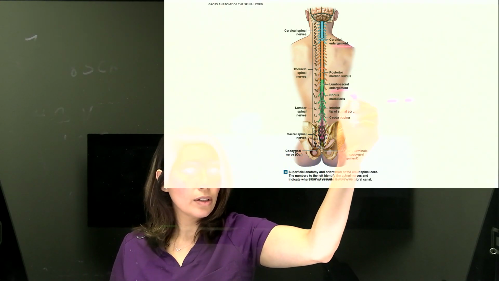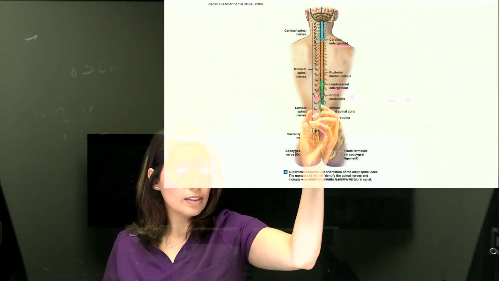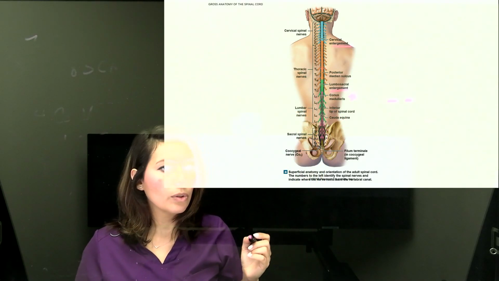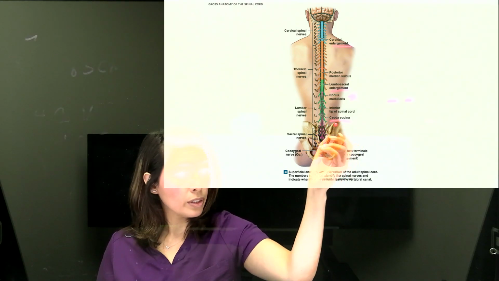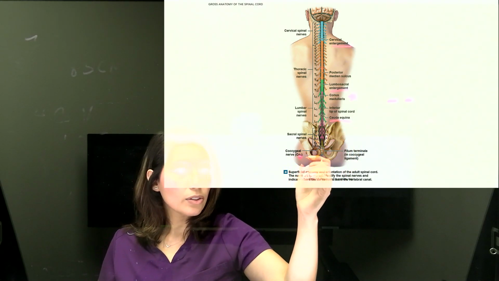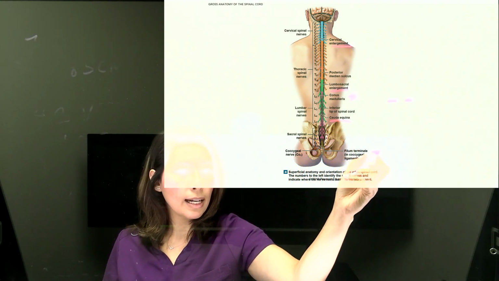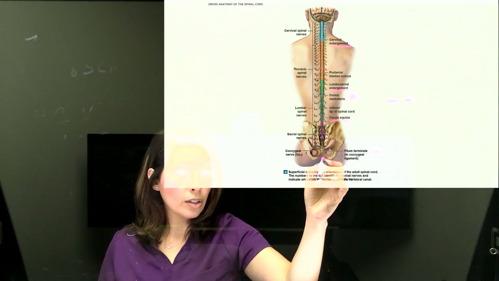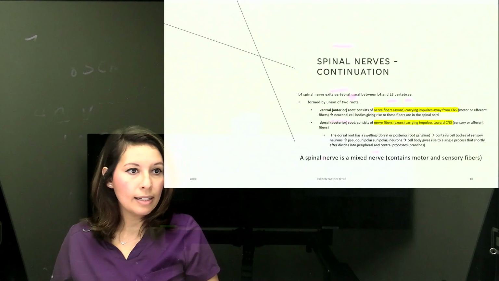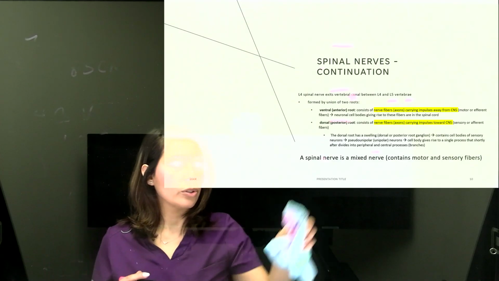For example, this conus medullaris, which is the end here of the spinal cord. There's going to be a cauda equina, which we're going to talk about. And then there's going to be a filum terminale, which attaches your spinal cord to the coccyx over here. So that is another very important structure.